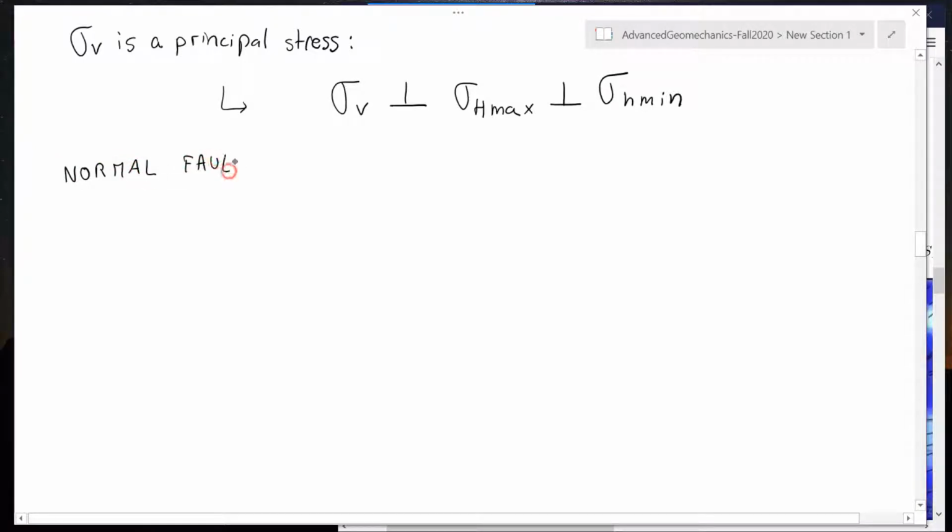One is going to be called normal faulting, and in this case, the maximum principal stress is sigma v, which is going to be equal or larger than sigma h max, which is going to be equal or larger than sigma h min. In such case, the stress tensor, if I write it as principal stresses, is going to be like this.